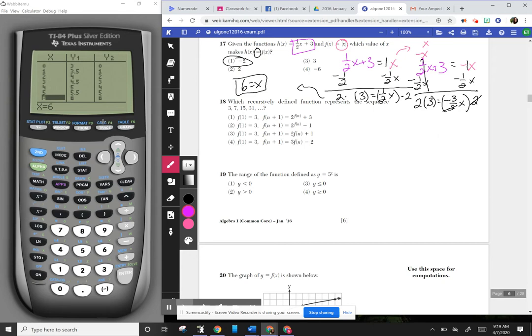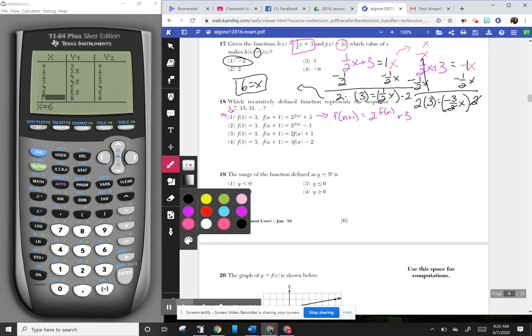So we look at the second number. So we go to 7, which is adding 4. So now let's see if we can use these rules in each option to get 7 as our next number. So let's start with this one. So this says that f of n plus 1 equals 2 to the power of f of n plus 3.